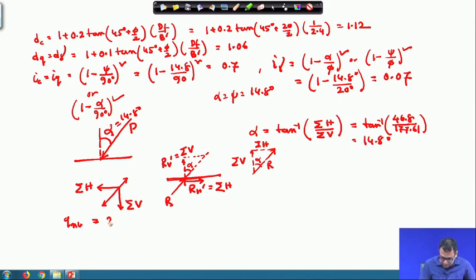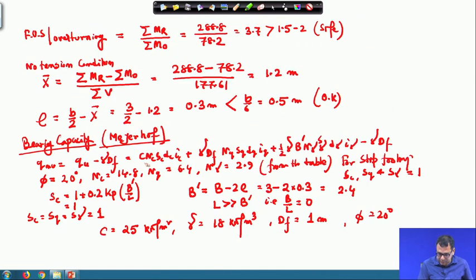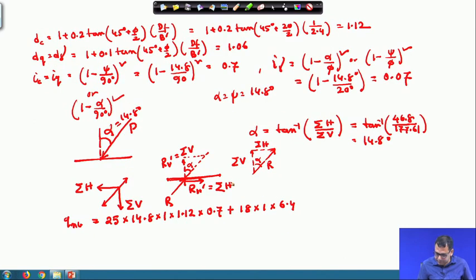C is 25, NC is 14.8, SC is 1, DC is 1.12, IC is 0.7, plus gamma is 18, DF is 1, NQ is 6.4, SQ is 1, DQ is 1.06 and IQ is 0.7.